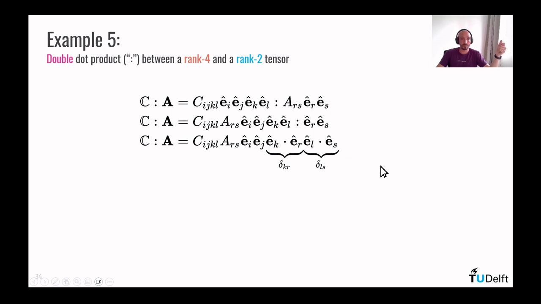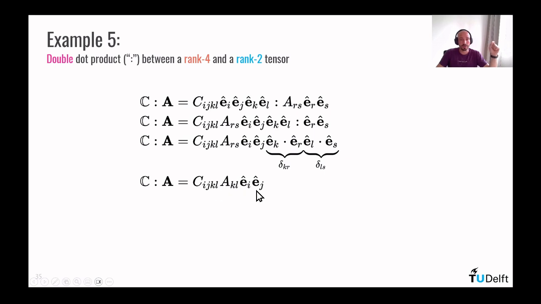So I end up with something like this: C ijkl A sub KL. So I already have, for every index pair ij, a summation over K and L, okay?